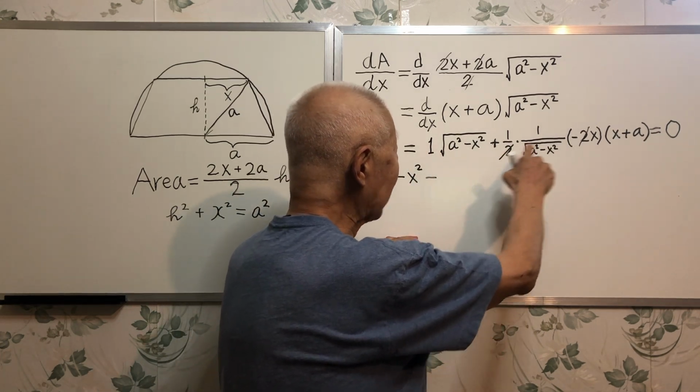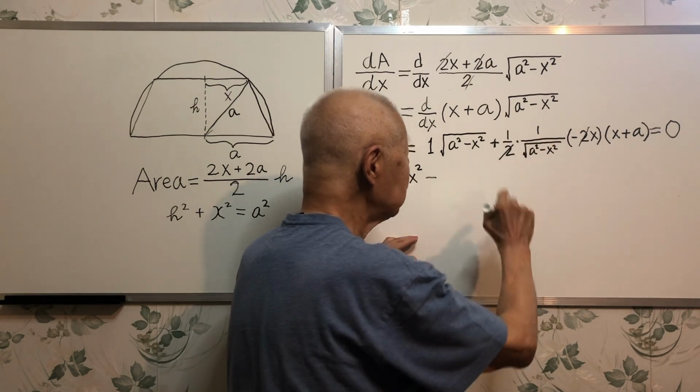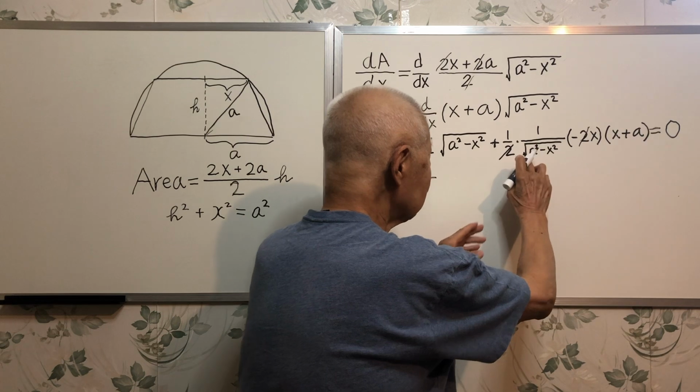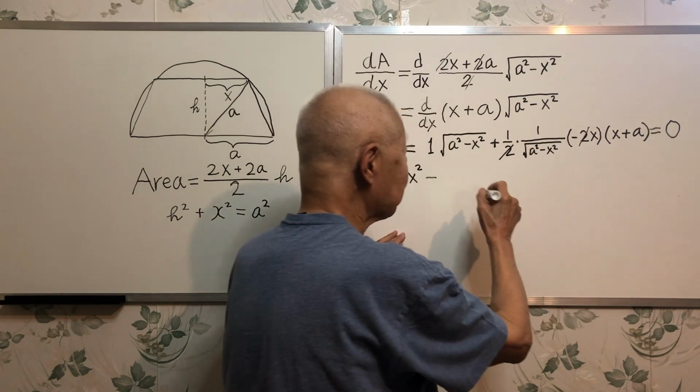Because I multiply the whole thing by the square root of a squared minus x squared, this part is gone, and I have x times x plus a.